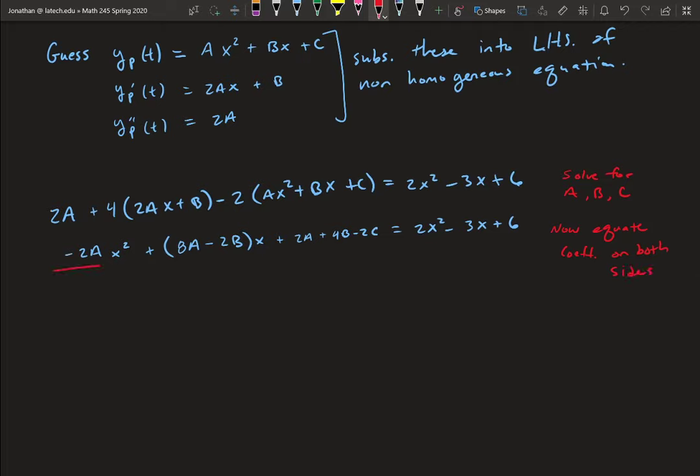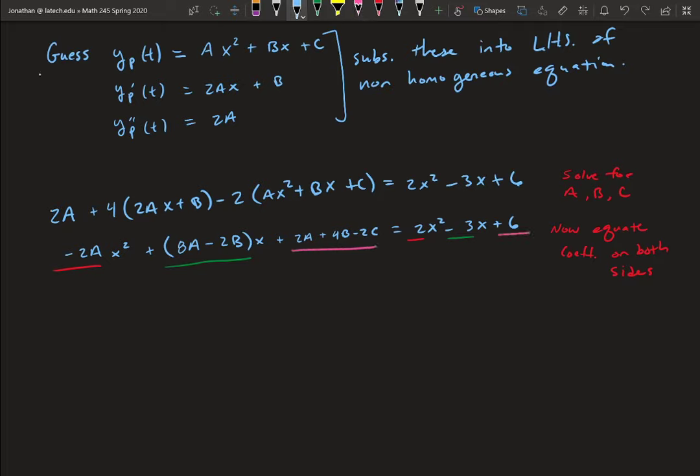So the negative 2a here goes with the 2 here in front of the x squared, and then the coefficient of x goes with the coefficient of x, and then the constant goes with the constant. So the constant here goes with the constant here.